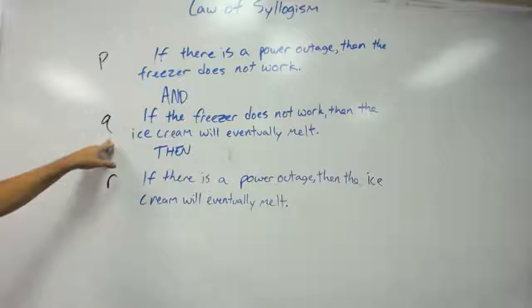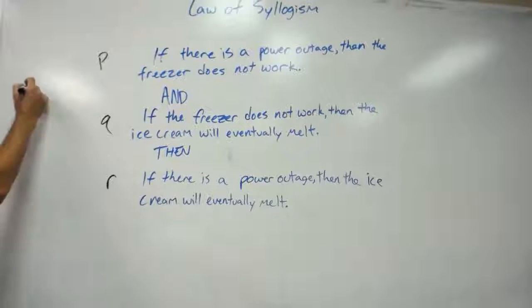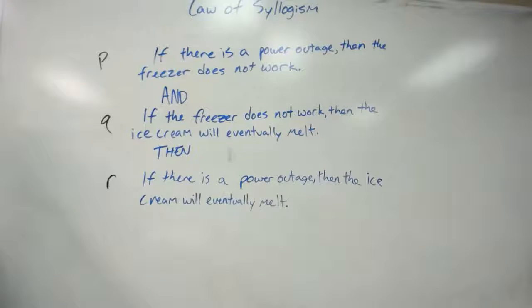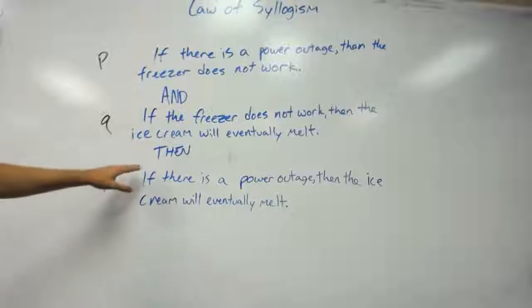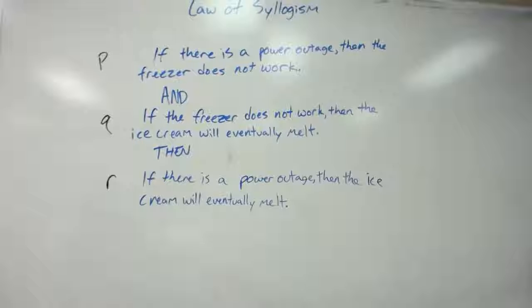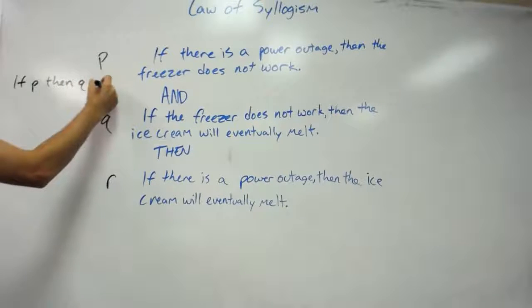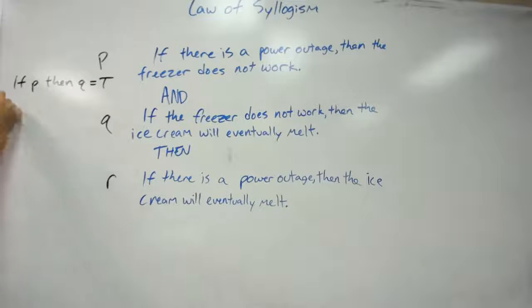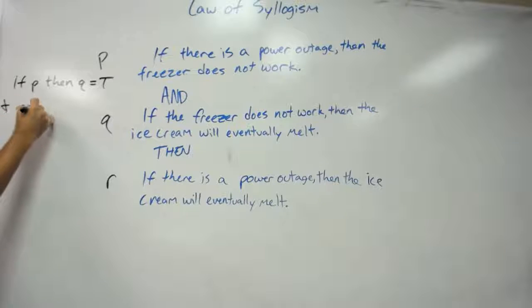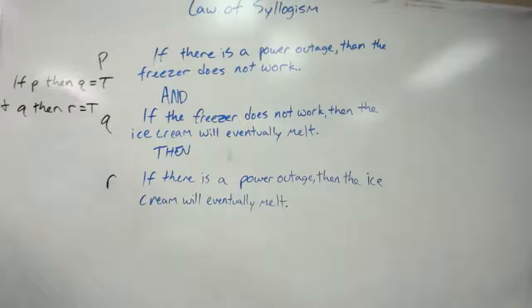And what the law of syllogism says is... well, I'm getting ahead of myself. Let's go ahead and look at the third one. Then it says, if there is a power outage, then the ice cream will eventually melt. So what it's saying is, if P then Q is true, and Q then R is true, well then, this is actually kind of going back to the transitive property.